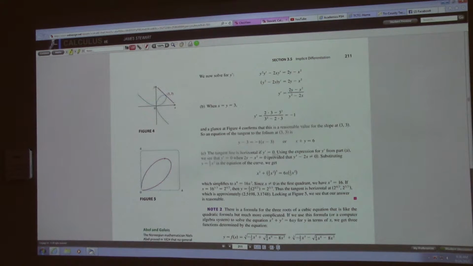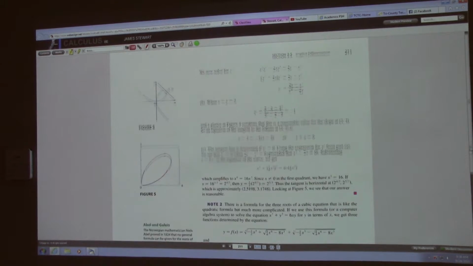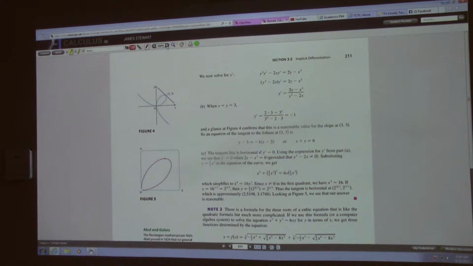But the main thing is that you put your 0 in for y prime, and it's at this point right here. Horizontal. All it is is manipulation, manipulation to get whatever you need.